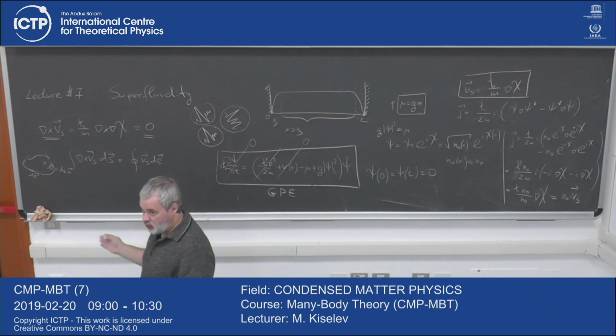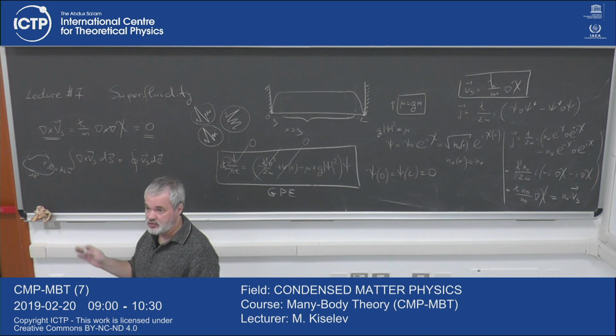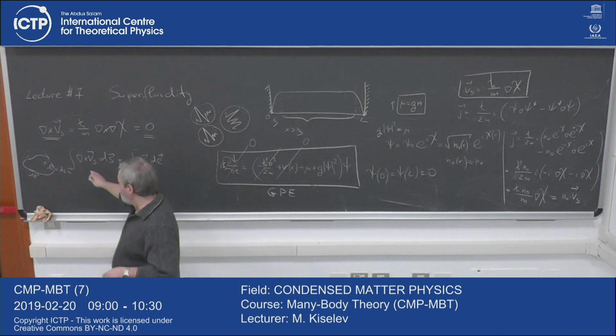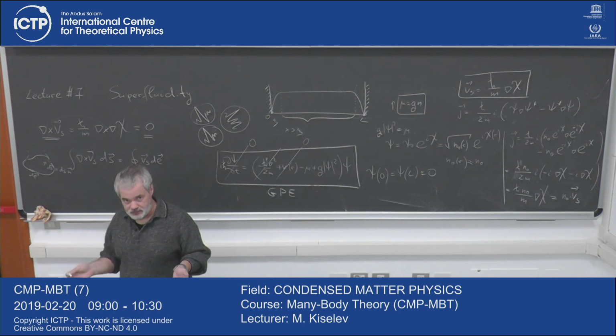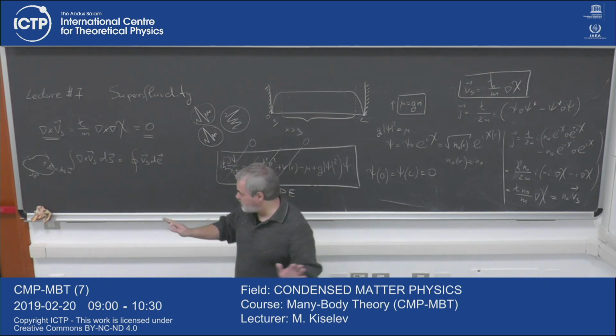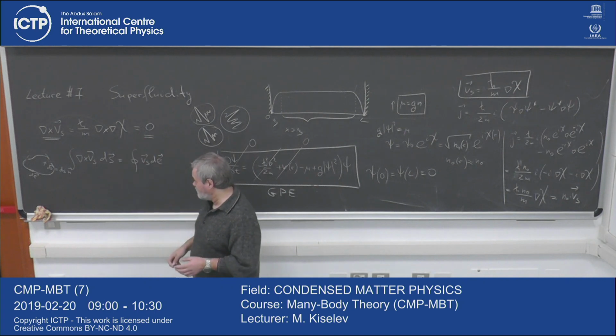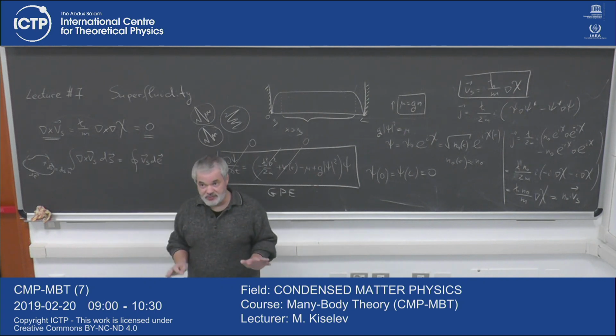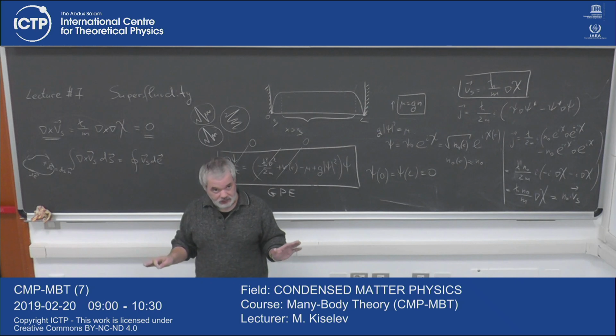If you have a potential flow, then there is no singularity and this is 0. Is it clear? Without singularity, for potential flow, this integral should be 0.